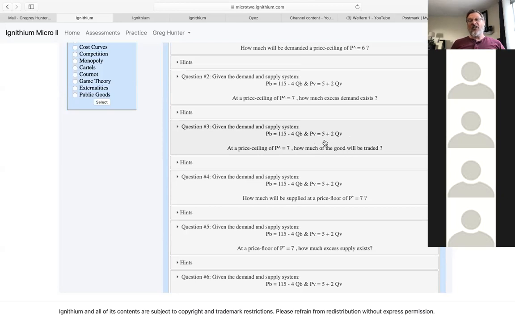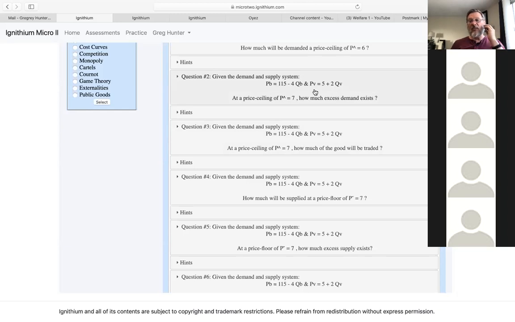Okay. Just to be clear on number 2, remember we used both the demand equation and the supply equation, and we said suppliers wanted to supply 1 unit, and buyers wanted to purchase 27 units.